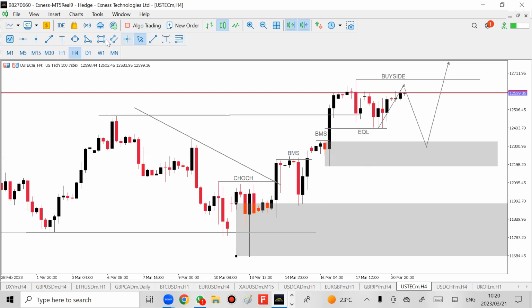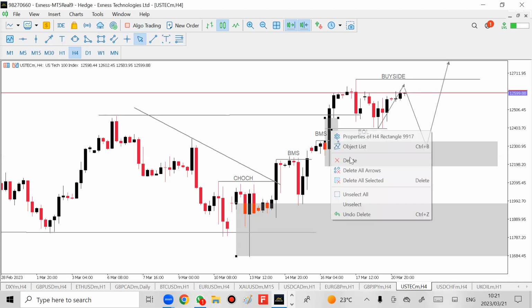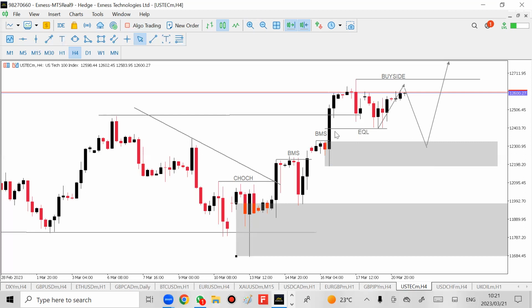So here we have a liquidity void. Actually it's an FVG, a fair value gap. So price has to fill this fair value gap before continuing. Those are the things which make the order block a valid point of interest.